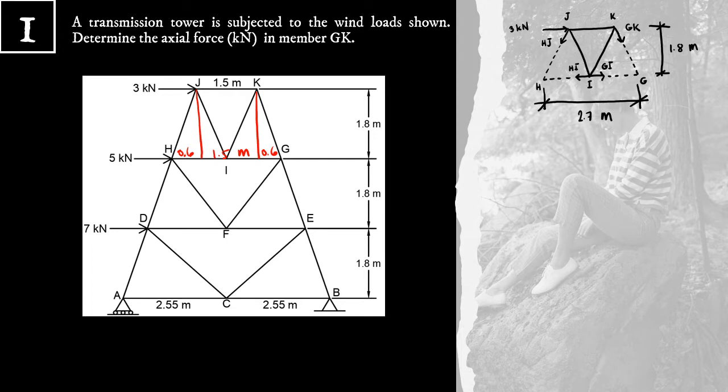We also need the slope of GK. And from our method of joint solution, we have known that to be equal to 1 horizontal, 3 vertical, square root of 10 hypotenuse.